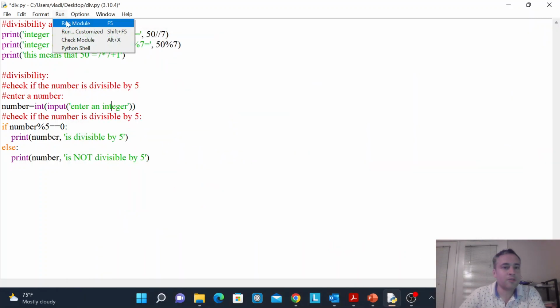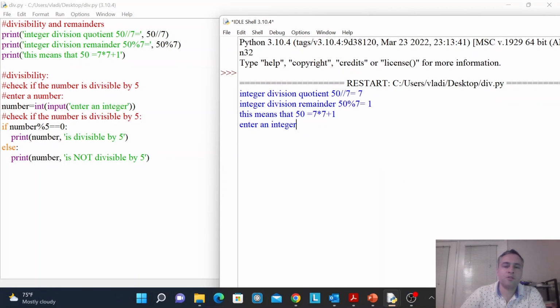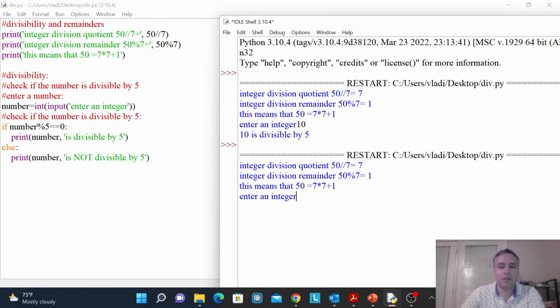And let's run this a couple of other times. Enter an integer, 10. That should be divisible by 5. 10 is divisible by 5. Okay, let's rerun. 23. 23 is not divisible by 5.